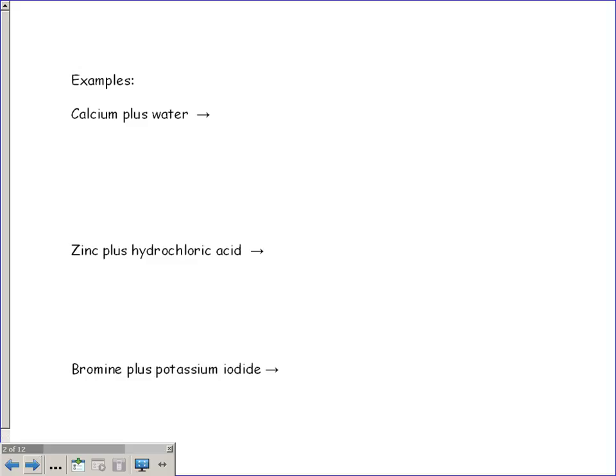Calcium plus water. First thing I need to do is go ahead and write my chemical reaction. Ca plus H2O. Now, what is Ca? Ca is a cation. It's a metal. So when I use my reference sheet, I'm going to look at the activity series of metals. And what I'm going to look for is, will calcium replace hydrogen from water?